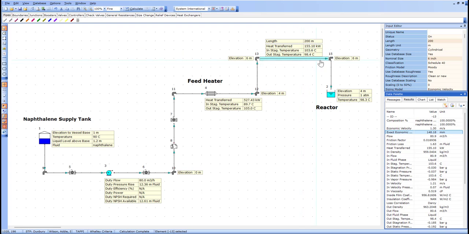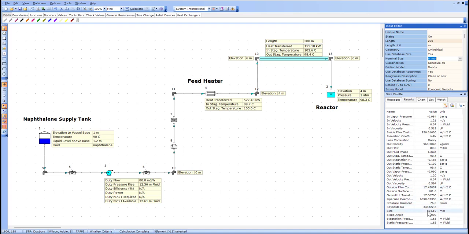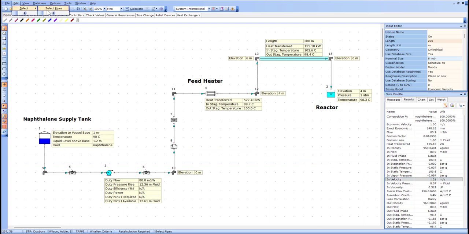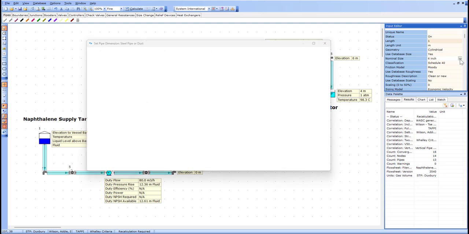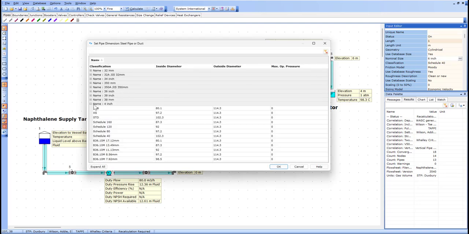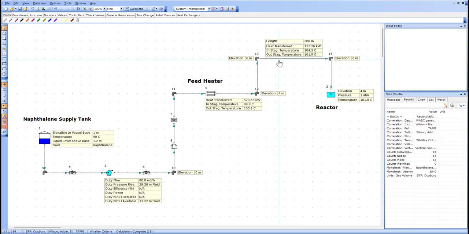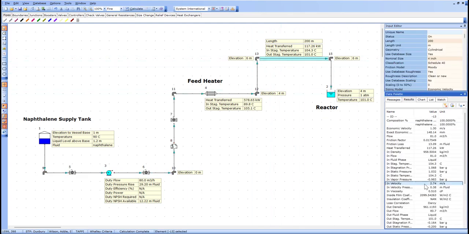The existing pipe is 6-inch Schedule 40 with an internal diameter of 154.1 millimeters, giving a velocity of 1.21 meters per second, well within the economic range, so we'll keep it. Reducing it to the next standard size, 4-inch, increases the velocity to 2.74 meters per second, but velocity is only one consideration.